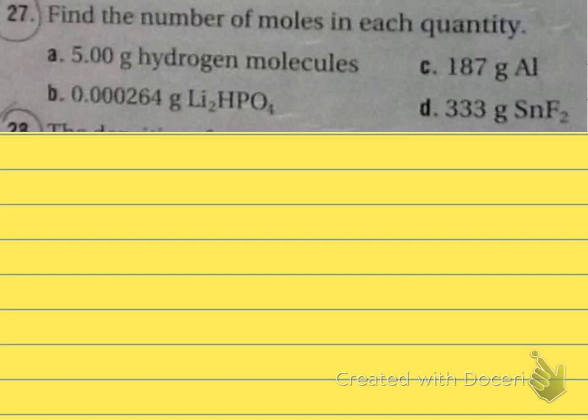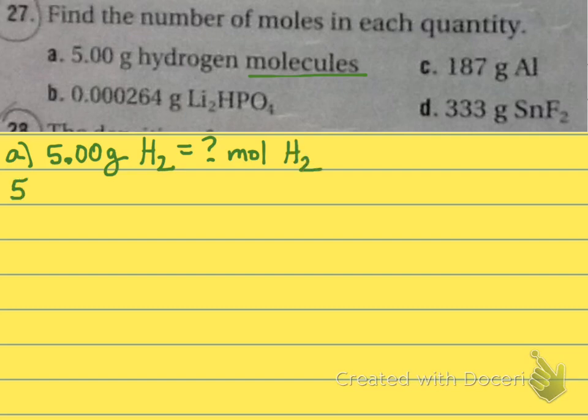27, find the number of moles in each quantity. So letter A, 5 grams, and here's where you have to be careful. This says molecules, which means it means H2. And we want to know how many moles of H2 that is. Again, I have a tool that has grams and moles in it. It's molar mass, so it's just going to require 1 conversion factor.